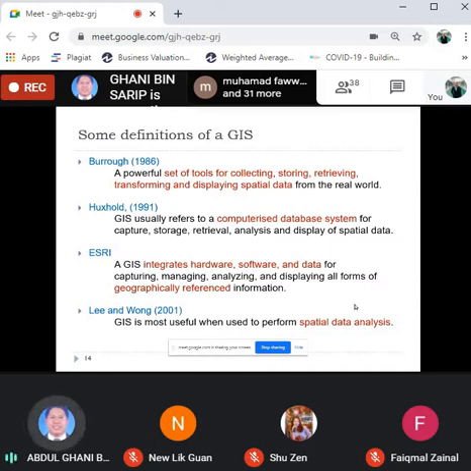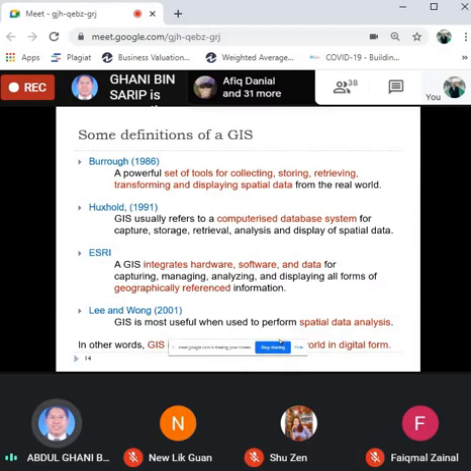When we say spatial data, it is actually the map itself. So GIS becomes more prominent in the way it performs analysis of the map.